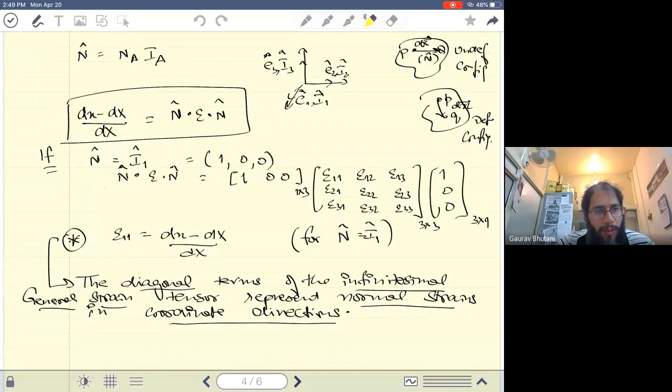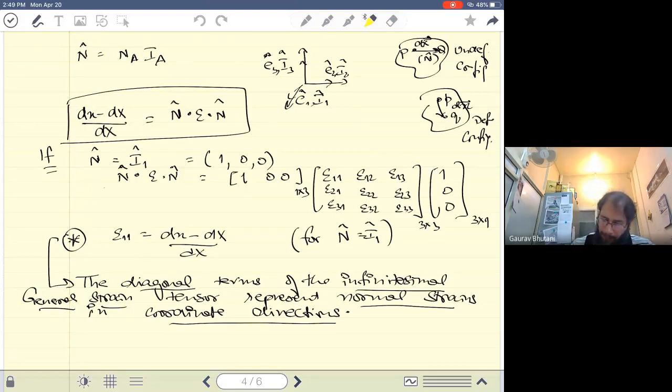So they basically denote the change in length in the coordinate directions. The diagonal components of epsilon tell us how the body is stretching in the Cartesian or the coordinate directions. That is E1, E2, and E3, which is the same as I1, I2, and I3 in this case, as we can see from the figure on the top.